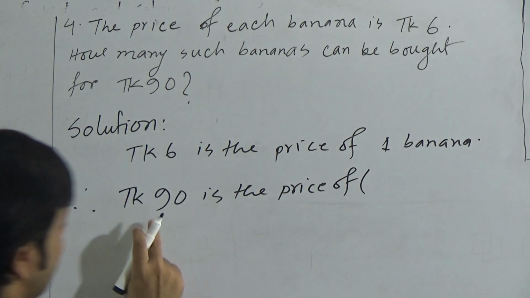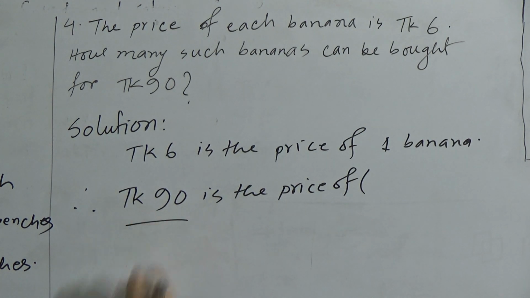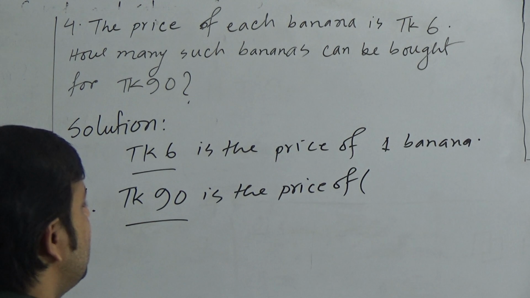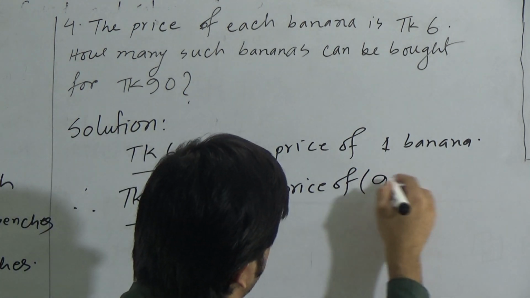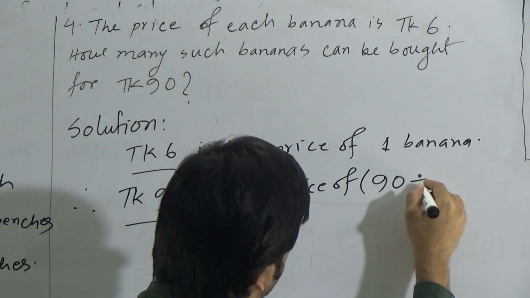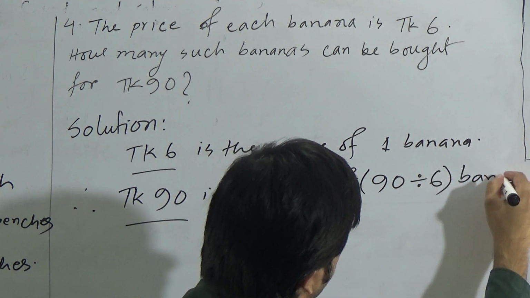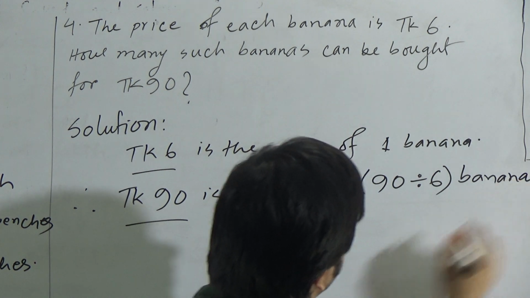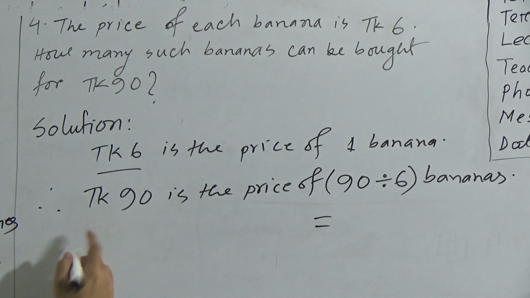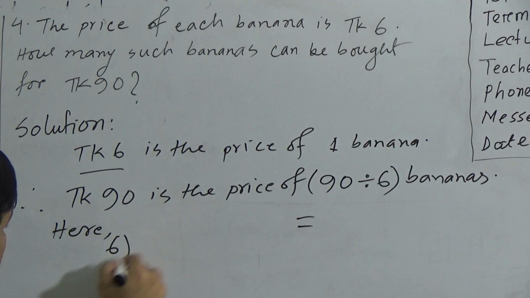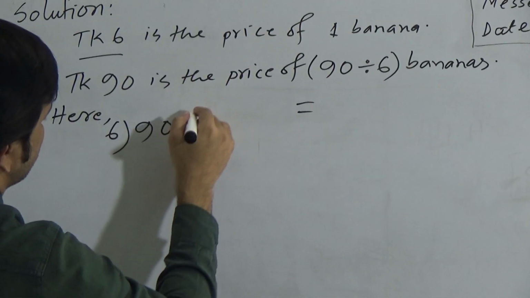We have to divide the total money by the price of one banana. It means that we have to divide 90 by 6. This will be the number of bananas. So we have to divide here now. You must show this division. We have to divide 90 by 6.